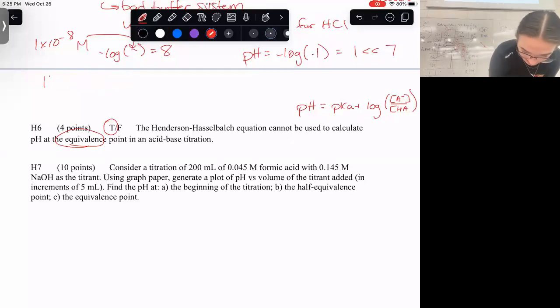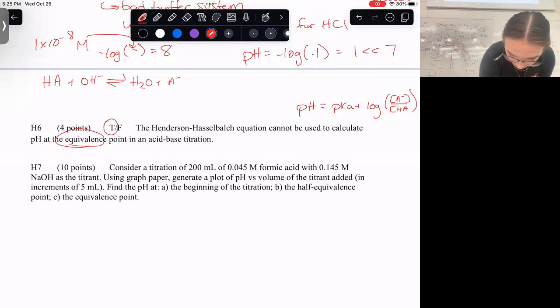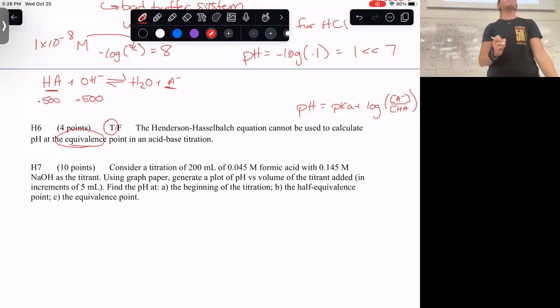You will have HA and you have OH minus, if you have a weak acid and a strong base. This comes together to form H2O and A minus. So in your buffer solution, when you're using the Henderson-Hasselbalch equation, you're using this one and this one. In your titration at the equivalence point, you could have 0.5 of this and 0.5 of this, for example.